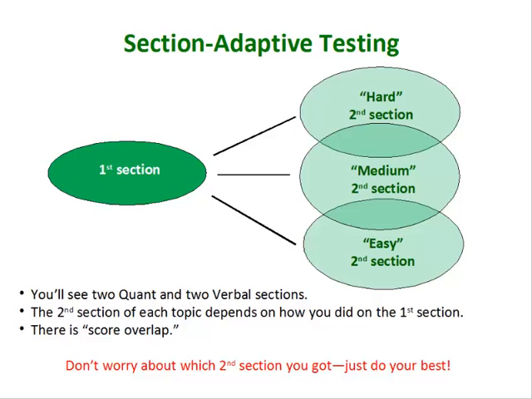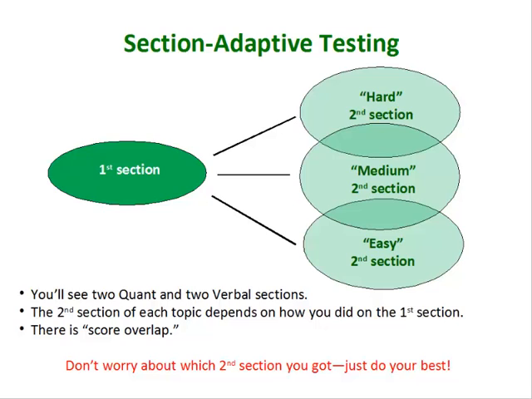So we believe there are 3 different possibilities that you could get as the follow-up section: easy, medium, and hard, basically. And we also believe that there's some overlap. So some of the same questions are found in the easy and medium sections, and likewise medium and hard. And so therefore they sort of overlap in difficulty.